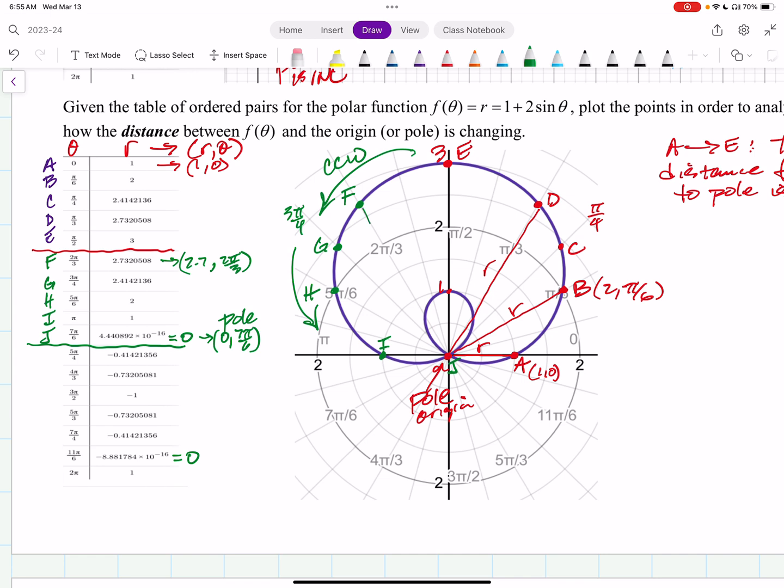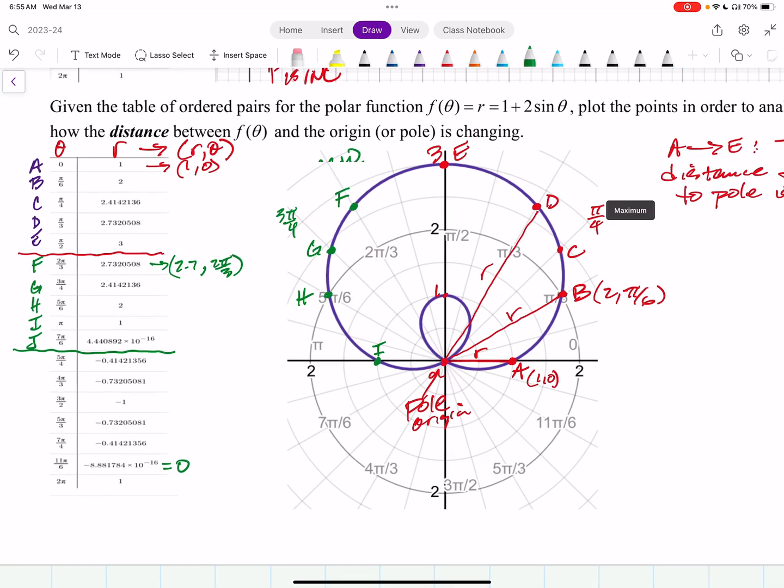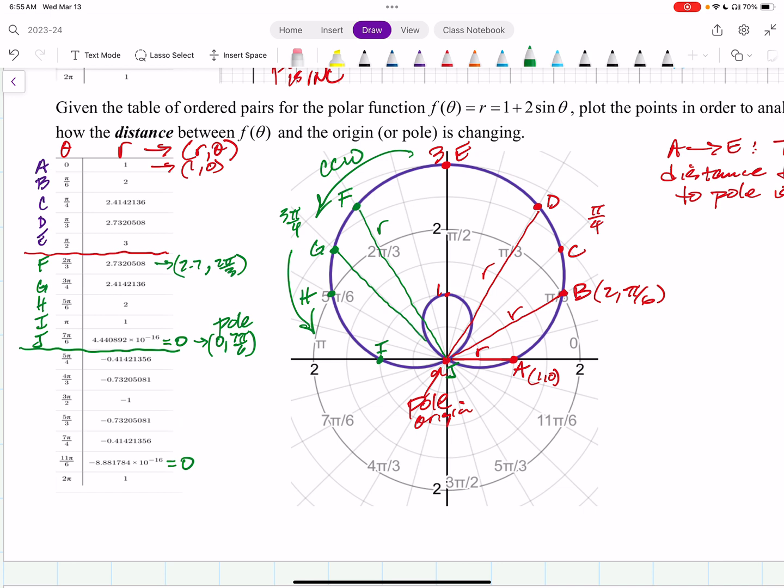And then from the pole to F, look at green now, there's the radius. So it's obviously shorter. Okay, so there's R right there. And at G, oh, R is shrinking. And then at H, oh, it's shorter. Just visualize this, okay? R is shrinking because the points are getting closer to the pole.